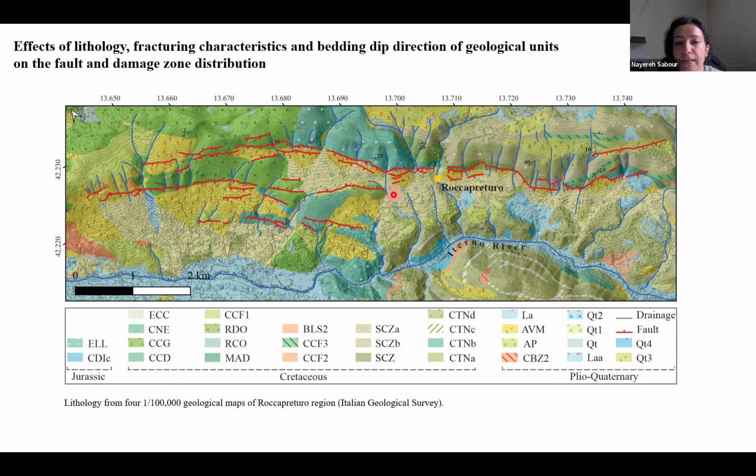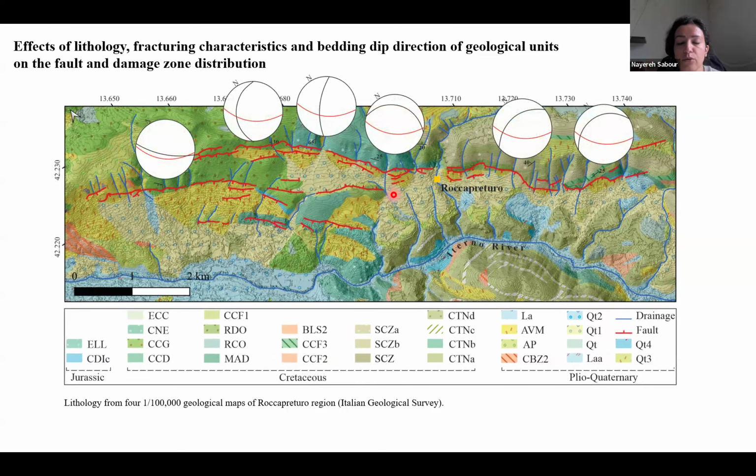And if we look at the fault, we have a fault with a dip direction in the southeastern part opposite to the bedding, and if we continue toward NW, we have a fault and bedding perpendicular to each other, and then they are parallel to each other in this part.